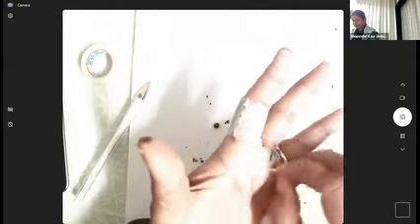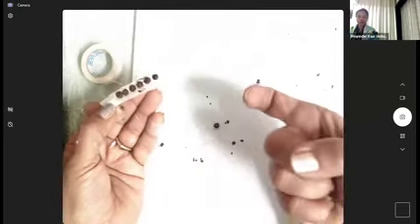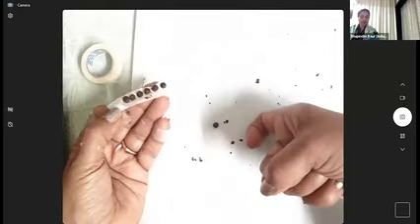See how I did it once again, this line, and I want to create this kind of shape, front and back. And then support it with paper tape so that it doesn't come out, like this.